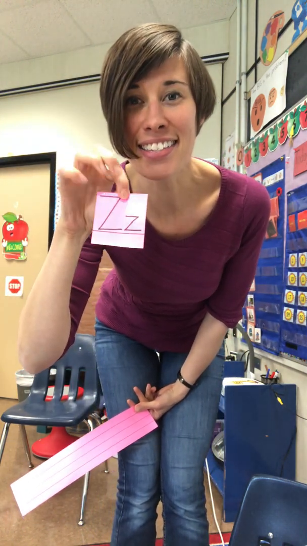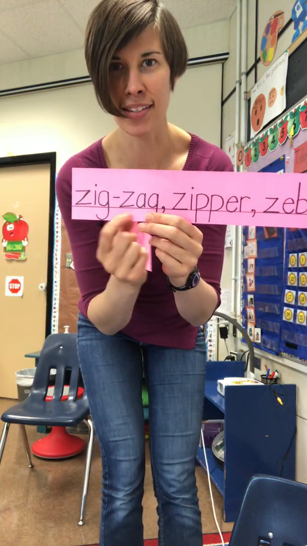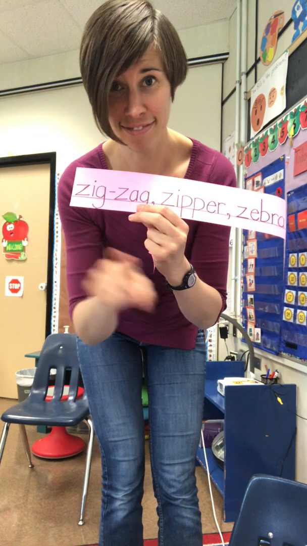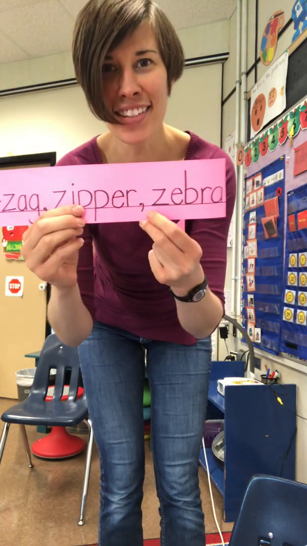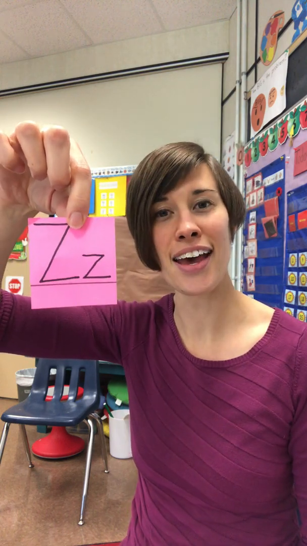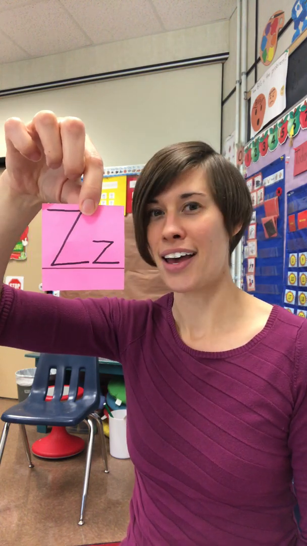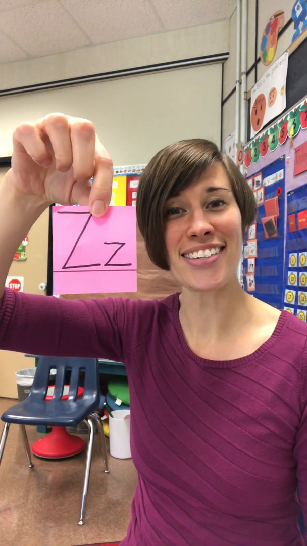Z is the sound that starts these words. Zigzag, zipper, zip, and zebra. With a Z, Z here and a Z, Z there. Here a Z, there a Z, everywhere a Z, Z, Z is the sound that starts these words.